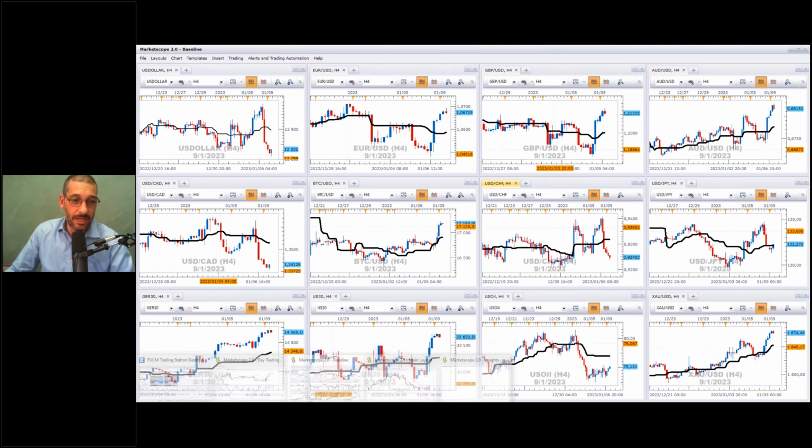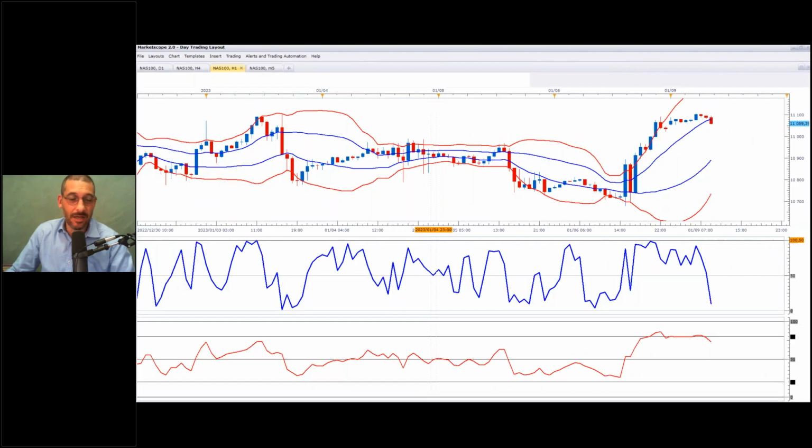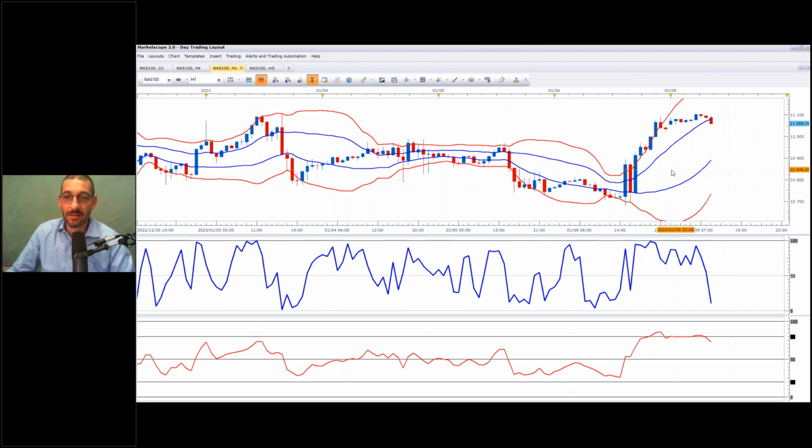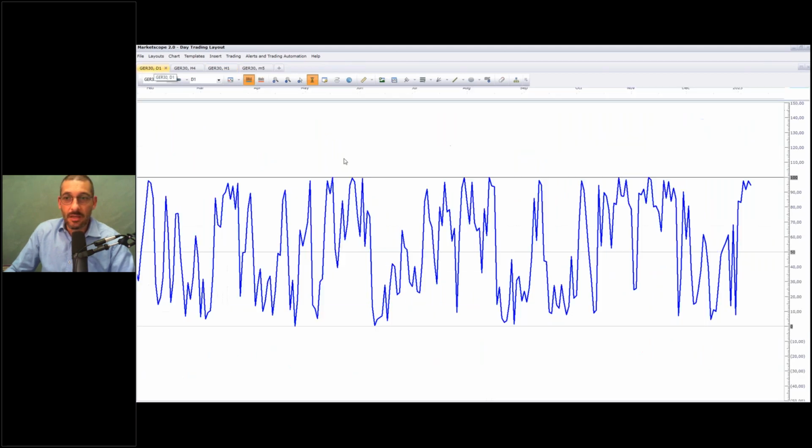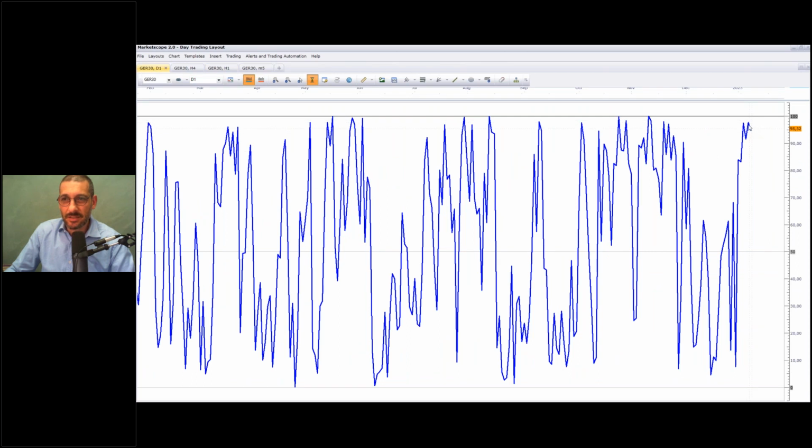Let's go ahead now and take a look at our day trading layout. I'm going to go through to DAX first. Okay, the DAX, this is interesting. It's pushing down at the moment on our fast stochastic.